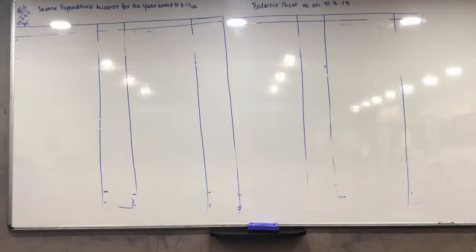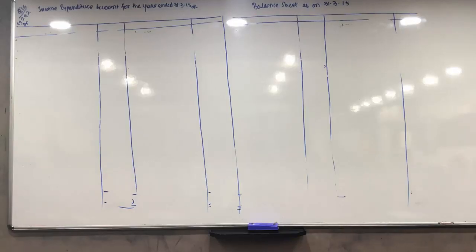Rent of hall, income, sundry income, government grant, income. Sale of old furniture, it's an adjustment, separate. So take now your 2500 minus 1750. We'll do this later. There will be a working for this.